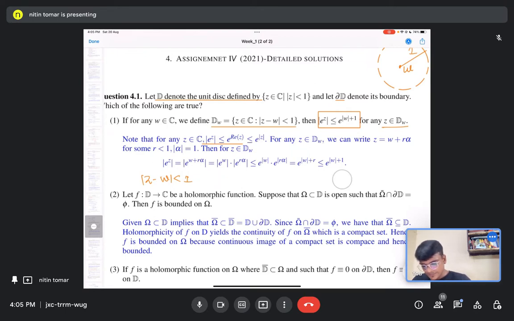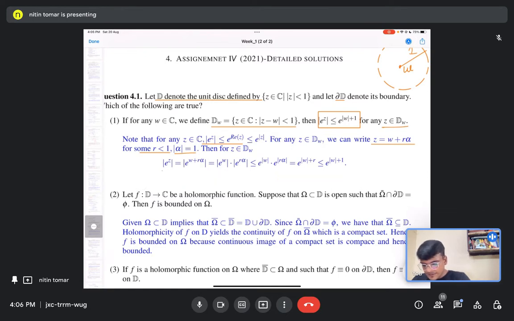Because if mod z minus w has absolute value less than 1, then it is of this form, r alpha, where r is strictly less than 1 and alpha is in the circle del D. And from here you get z can be written as w plus r alpha for some r less than 1 and mod alpha equal to 1. Now we use all of this.